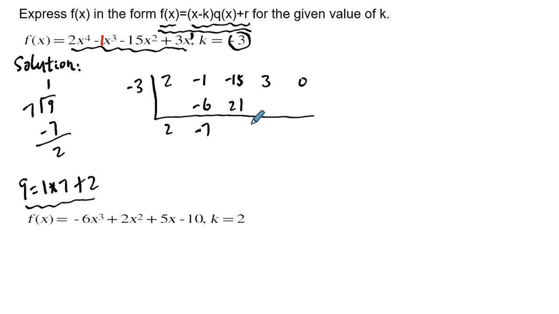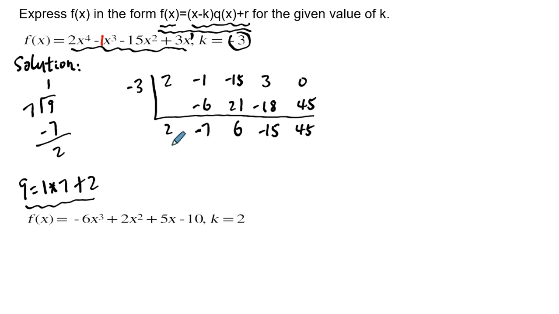Add together, 21 minus 15 is 6. 6 times -3, you have -18. You add 3 and -18, you have -15. -15 times -3, you have 45, and add together is 45.